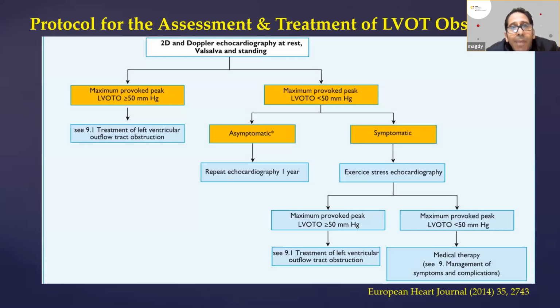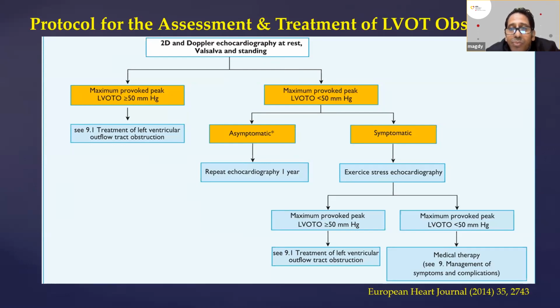So with 2D and Doppler echo at rest and Valsalva and standing when needed, we can see patients who have a maximum provoked gradient more than 50. Those patients should be treated as patients with LVOT obstruction. While if the patients have a maximum provoked gradient less than 50, in asymptomatic patients, those patients need a repeated echocardiography after 1 year.